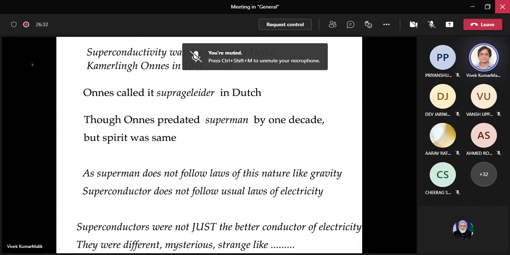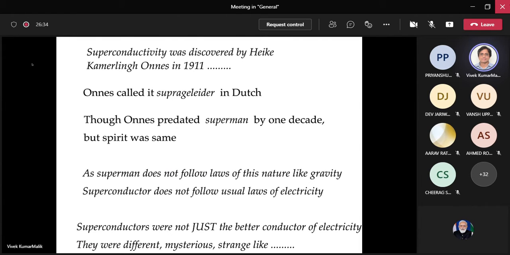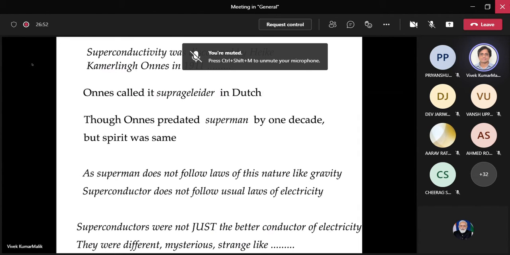So it predated Superman by 1 decade, but the spirit was the same. Like Superman does not follow the laws of nature, like gravity, a superconductor does not follow the usual laws of electricity. Not only electricity, but we will also discuss thermodynamics.